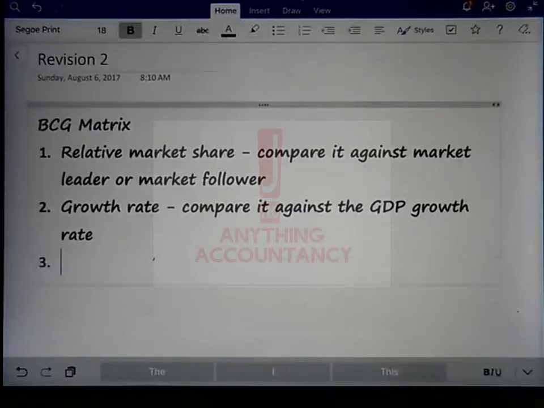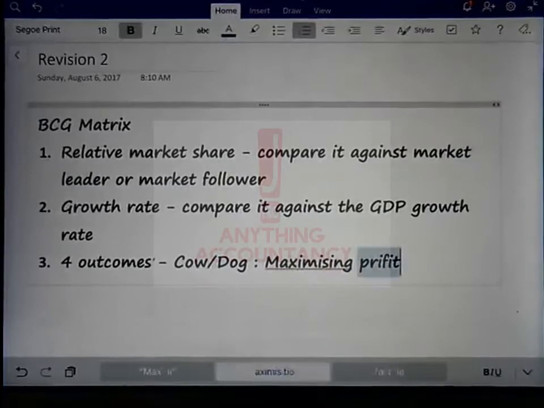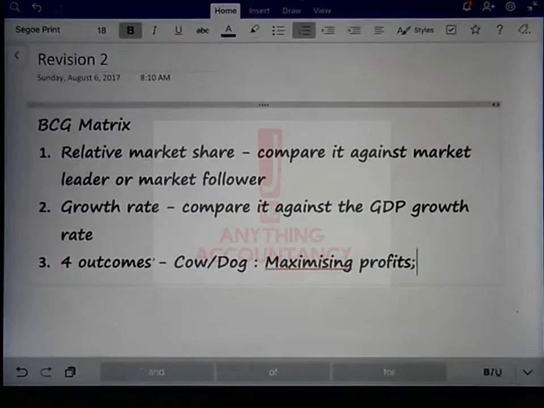There are how many outcomes? 4 outcomes. What is it? We got cow and dog. This too is about maximizing profits. Got it? Then you got star and question mark.